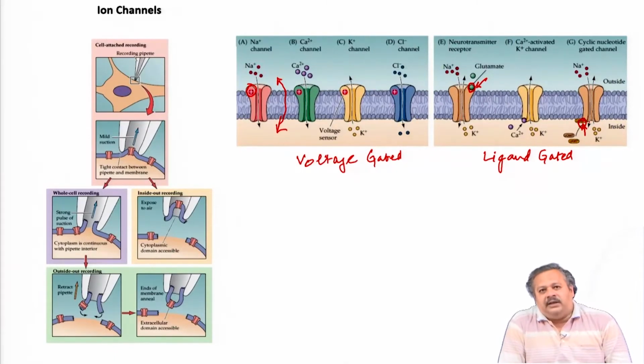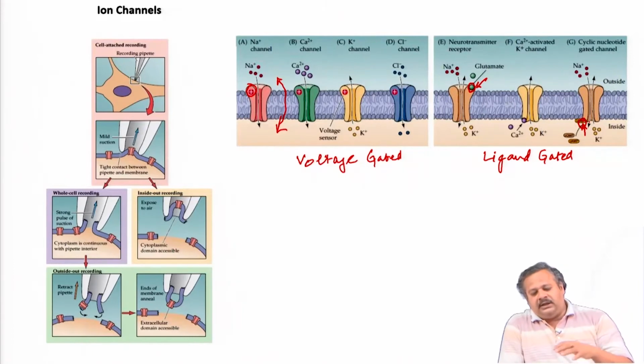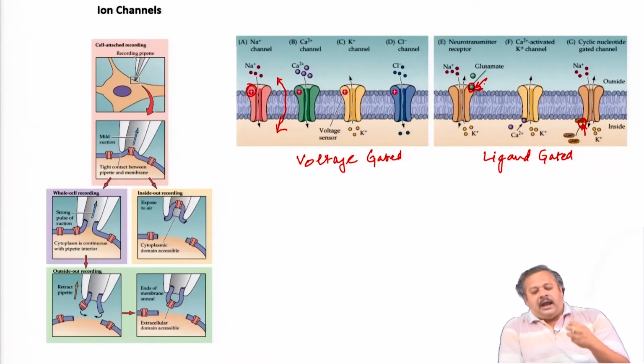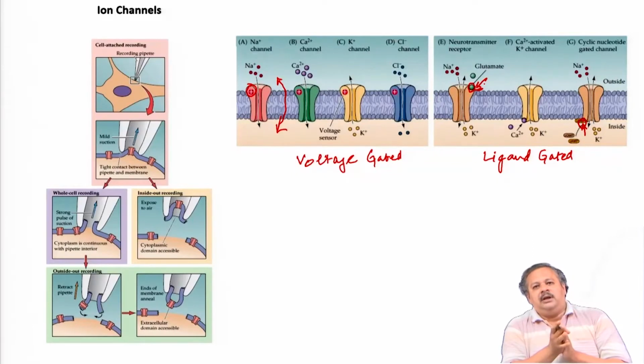They have a binding site for the neurotransmitter itself, and when this neurotransmitter is released in the synaptic cleft onto the postsynaptic side, it binds to the binding site of the receptor, and the binding process itself provides a conformational change that opens up the receptor, which is itself an ion channel.